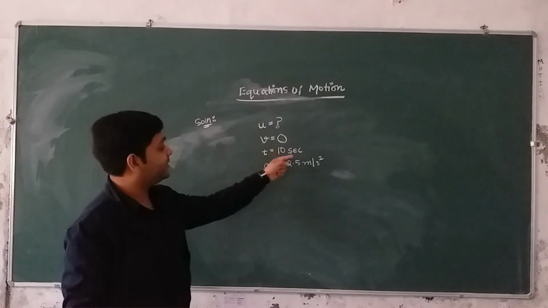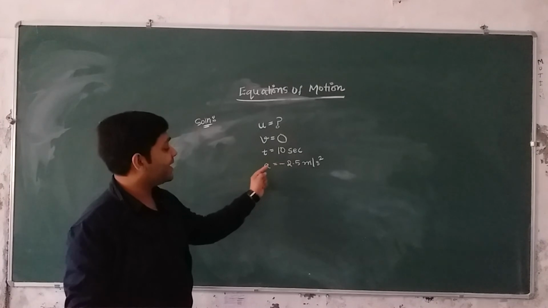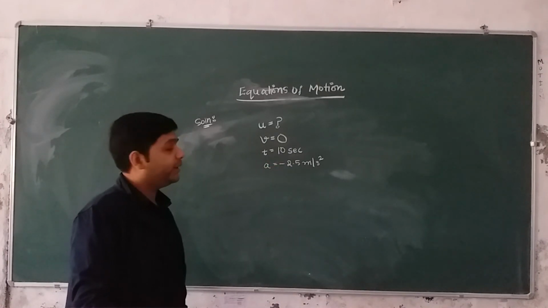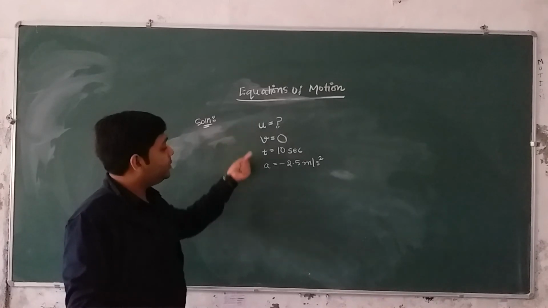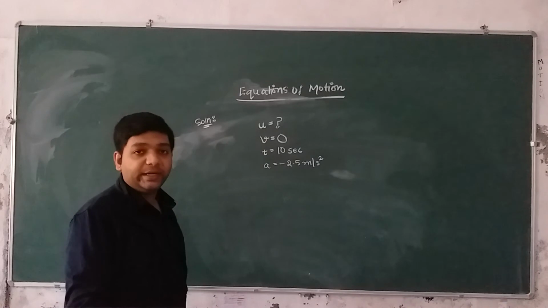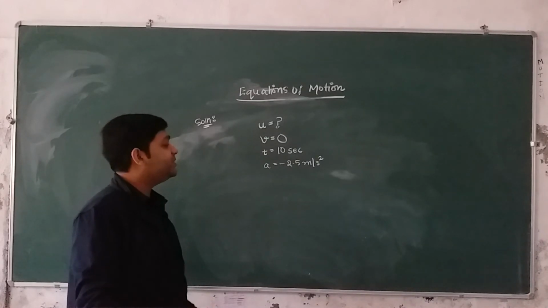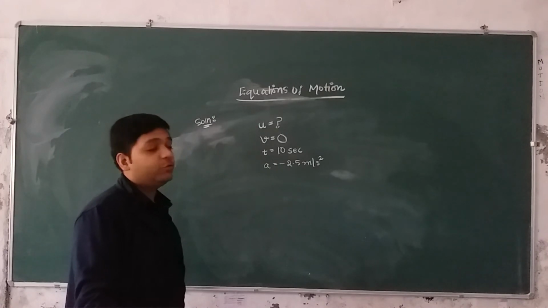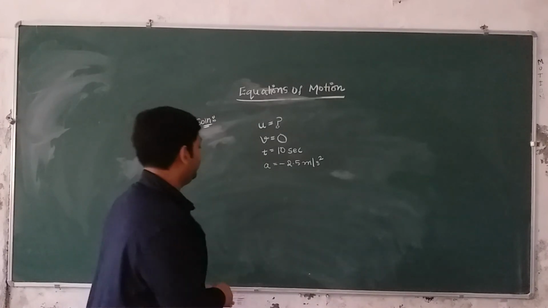Time is given as 10 seconds, and retardation or acceleration is given as minus 2.5 meter per second square. So now I need to write an equation of motion that relates these four quantities, right? Which equation of motion relates these four quantities? The first equation of motion, v is equal to u plus at, right?